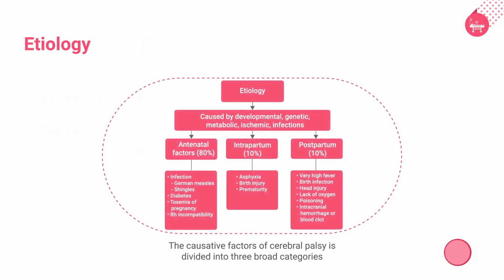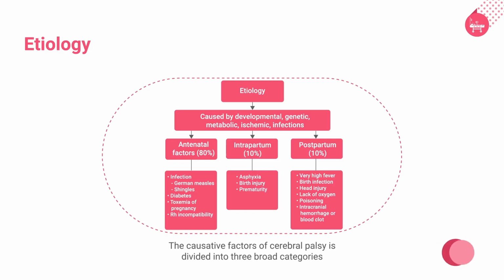Now, let us talk about the etiology of cerebral palsy. The causative factors of cerebral palsy are divided into three broad categories. 1. Antenatal causes, which account for 80% of all cerebral palsies, occur as a result of a group of infections as listed here. 2.